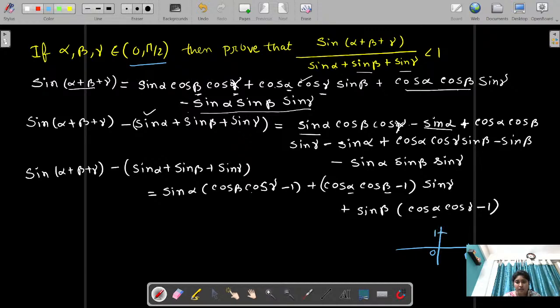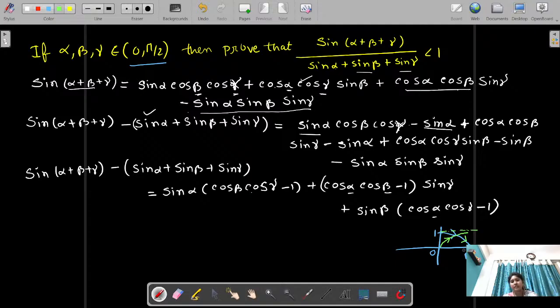So the graph of cos alpha will be like this. So this is decreasing. What about sine alpha? Sine 0 is 0 and sine pi by 2 is 1. So sine alpha is increasing, and cos alpha is decreasing.